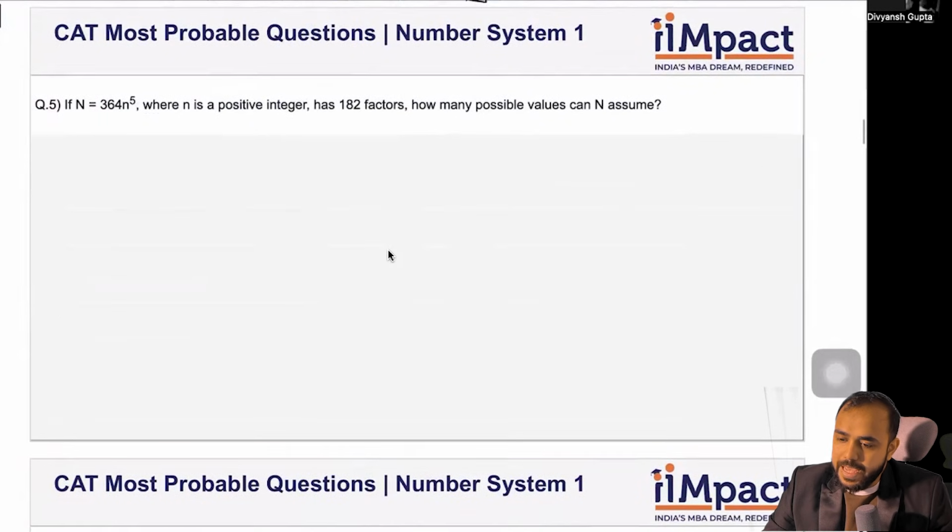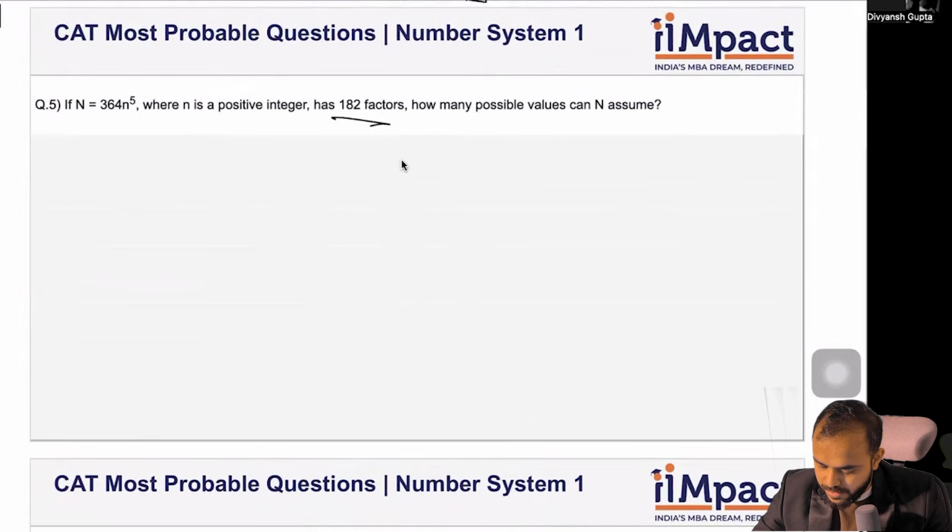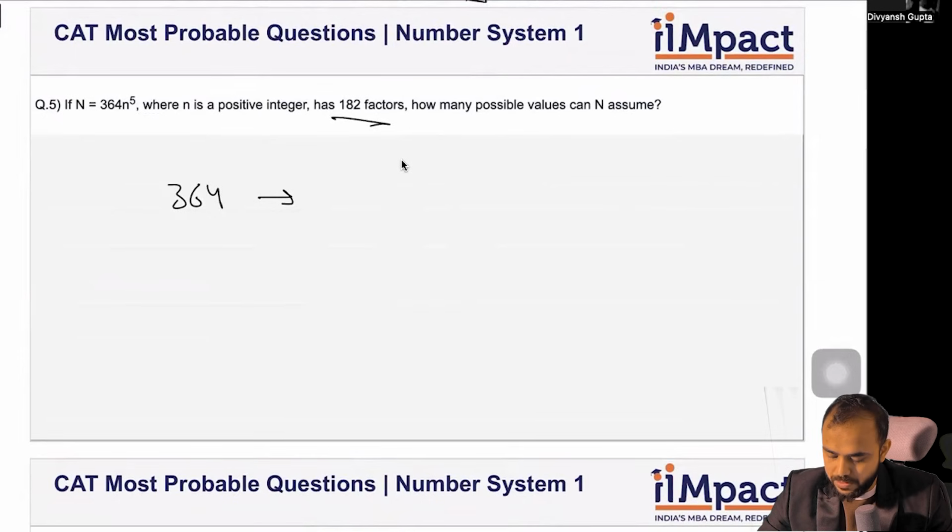Moving on, N is 364 into n to the power 5, where n is a positive integer. This has 182 factors. So how many possible values can n assume? So let us look at this. We will have 364 as 2 into 182, which is 91. So 2 into 2 into 91, which is 7 into 13.